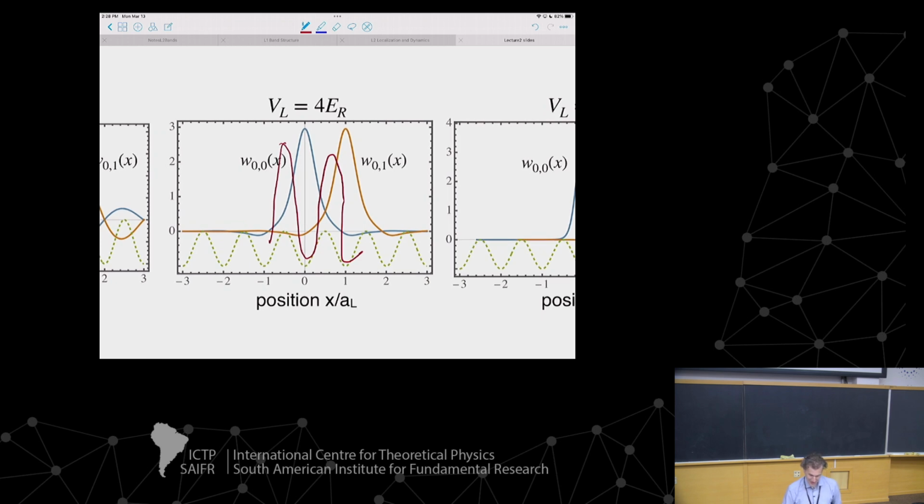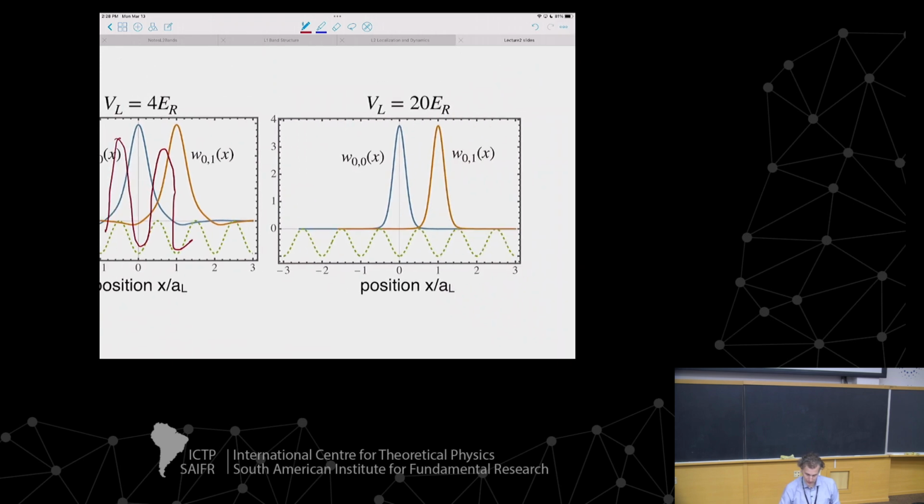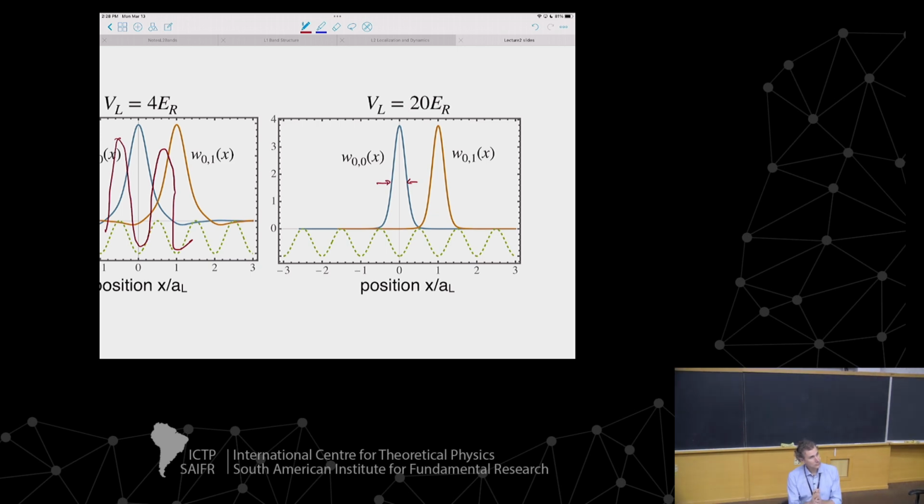Okay, so you can see that as the lattice depth goes up, the reason the wave function is more confined is just because the potential is becoming more and more strongly confining. And so the higher the lattice depth, the more this function becomes constrained. So the same function contains some contribution from the lattice potential also.